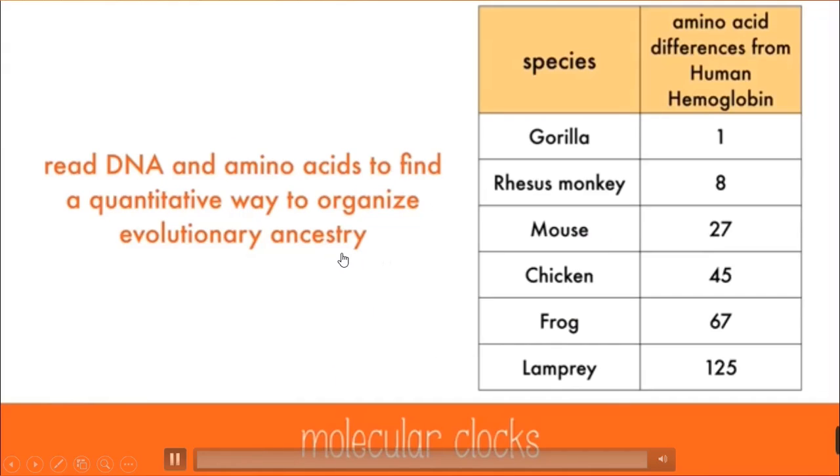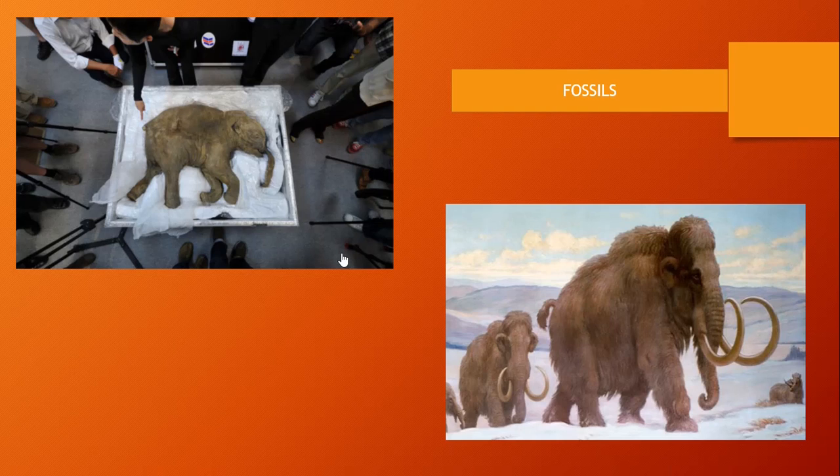So let us see some photographic evidences. Fossil evidences: this is the mammoth elephant in Siberia. These are actual remains present in Siberia. Siberia is a cold region, so the actual remains are preserved for a long time.